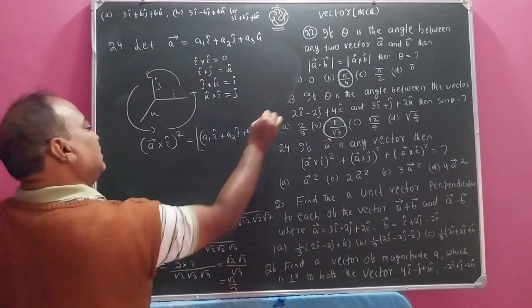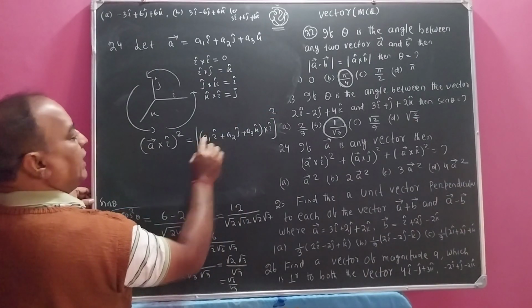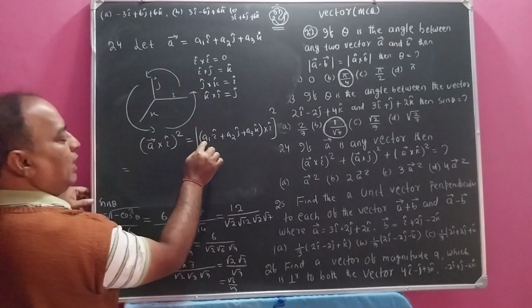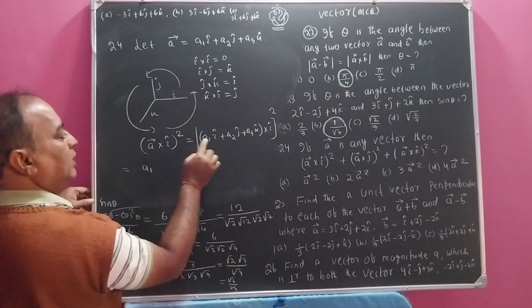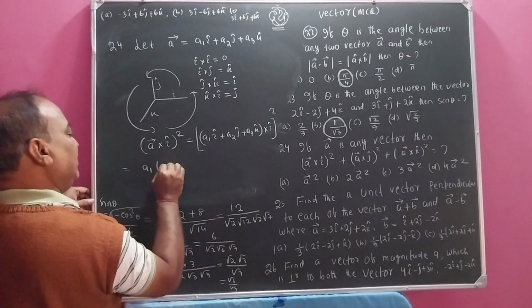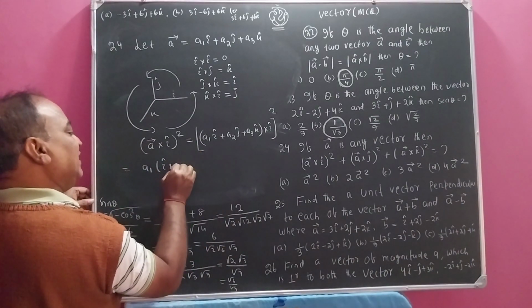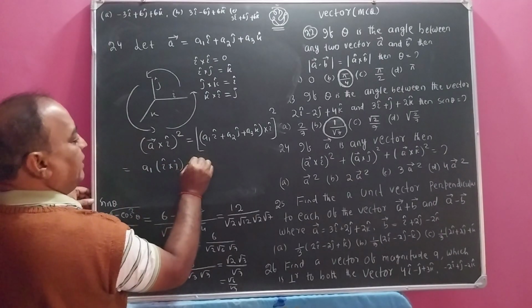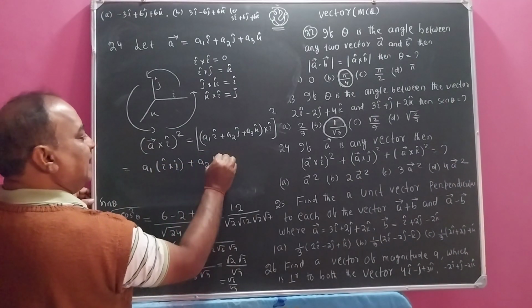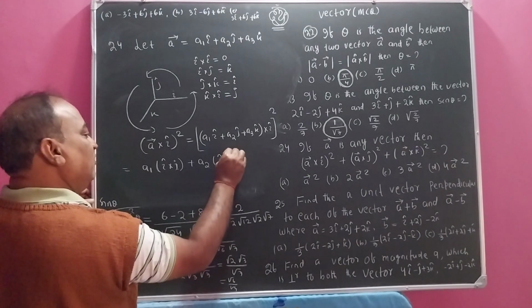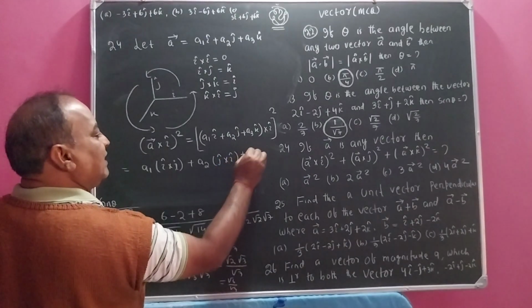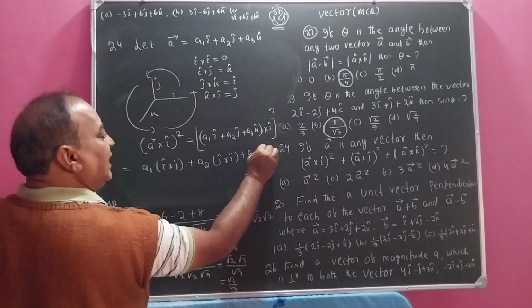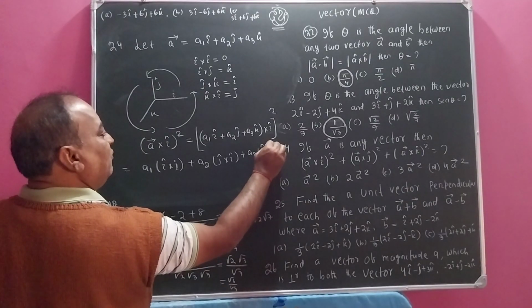So this can be written as A1 I cap cross I cap plus A2 j cap cross I cap plus A3 k cap cross I cap.